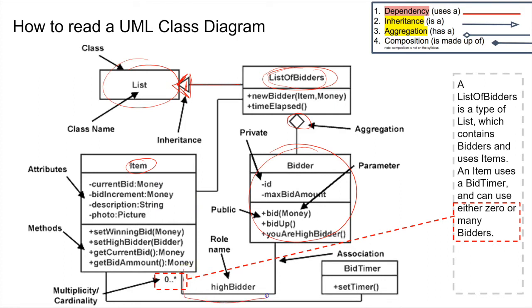Item is also related to high bidder. If we look briefly at this little thing which I'm circling here, it says 0 to many. That is the cardinality of it. That means that there could be between 0 and many items related to one bidder.